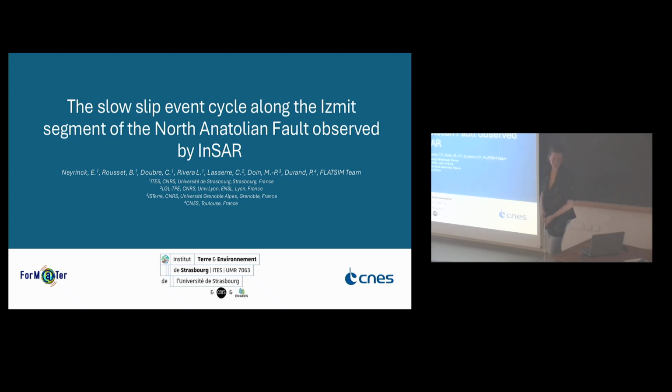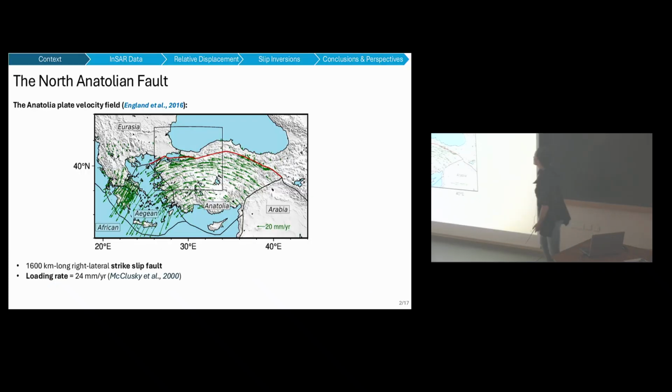So today I will present the slow slip event cycle along the Izmit segment of the North Anatolian fault using InSAR data. So we will continue with strike slip faults. Just a reminder, the North Anatolian fault is this huge 1,600 kilometer long right lateral strike slip fault on the north side of Turkey, separating the Eurasia and the Anatolia plates with a loading rate of about 24 millimeters per year.